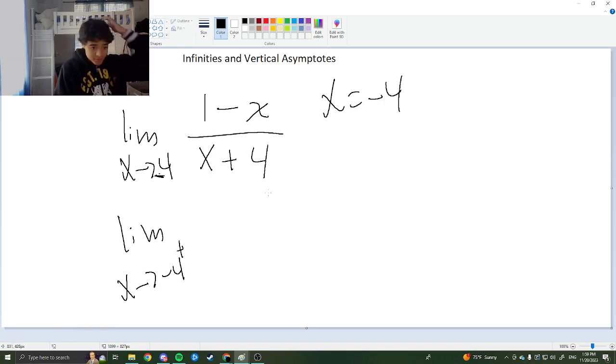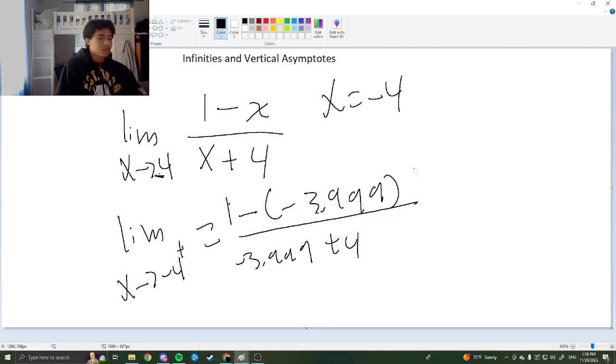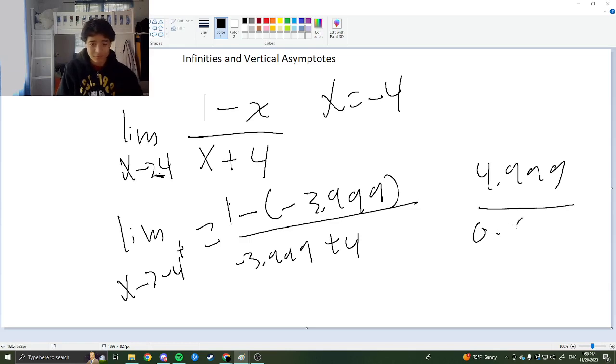If you're looking at it from the right side, let's pick a number slightly bigger than negative 4. So we'll go like negative 3.999. You have 1 minus negative 3.999 over negative 3.999 plus 4. Then subtract this out, you get 4.999 over 0.001.